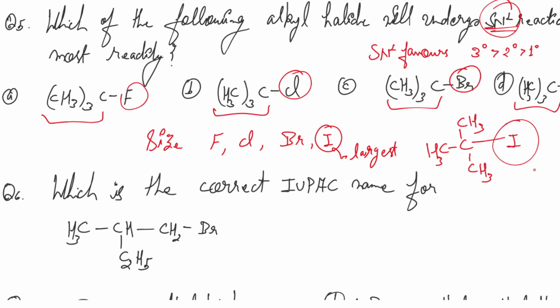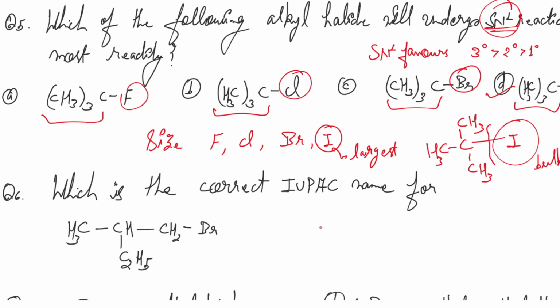Due to this bulkiness, cleavage, or breaking of this bond, is easily favorable. So this will easily go with the SN1 reaction. Very quickly it will undergo SN1 reaction. Can you see all the things? Yes, this is very bulky iodine, right?